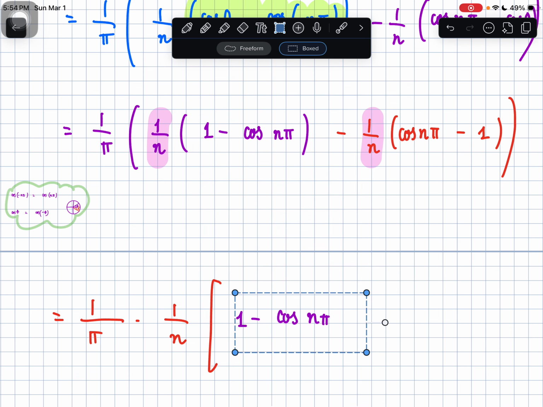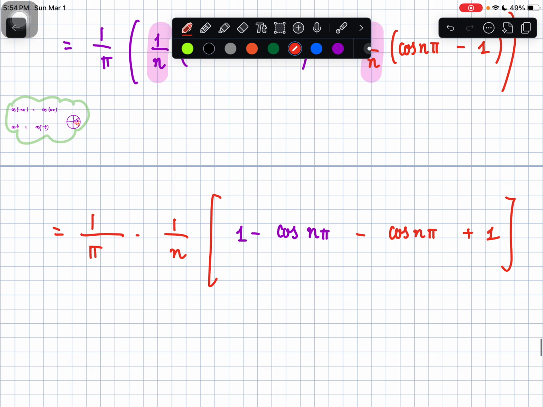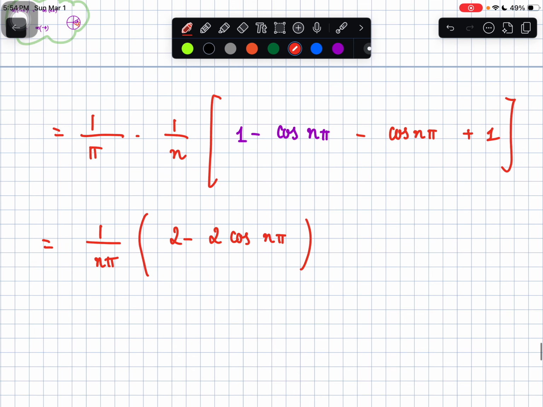For the second part, minus cosine n pi minus 1, so minus 1 plus 1. Then you have 1 over n pi, 2 minus 2 cosine n pi, 2 over n pi, 1 minus cosine n pi.